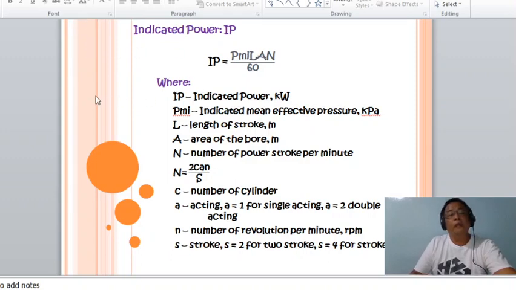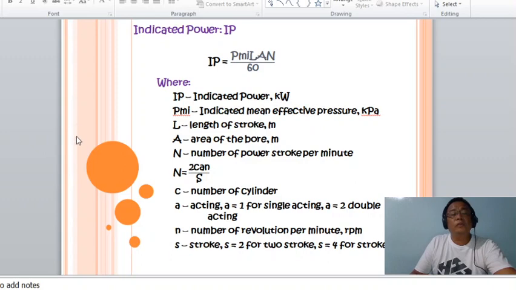Where IP is the indicated power in kilowatts, PMI is the indicated mean effective pressure in kilopascals, L is the length of stroke in meters, A is the area of the bore in meter square, not meter, and N is the number of power strokes per minute.